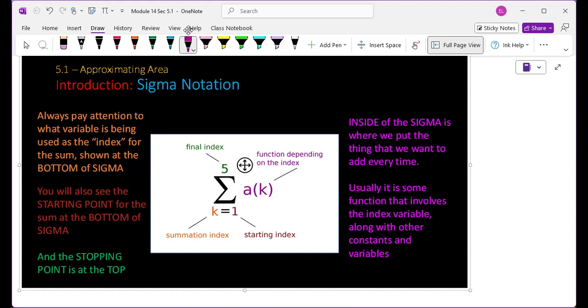Then the A of K here is some sort of formula in terms of K. So we put our starting number at the bottom and our finishing number up top.